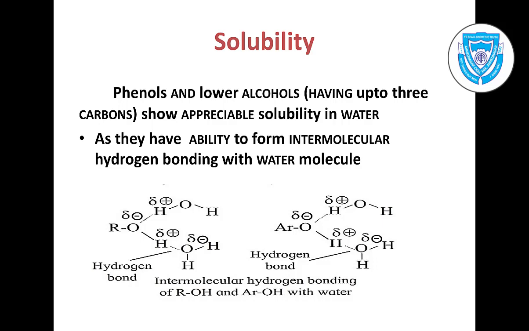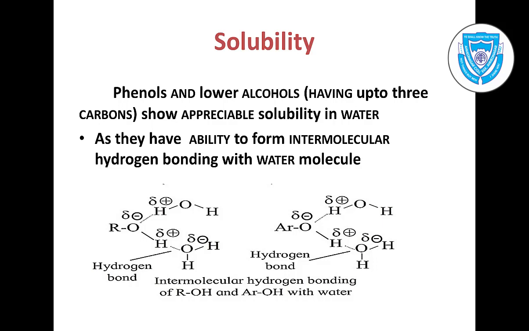So this is the structure of an alcohol molecule, where you have a negative oxygen and a positive hydrogen. Negative and positive, here you have a hydrogen bond which is present in this structure. This is the structure of alcohol and water molecule. In the same way, in your textbook they have shown this structure.